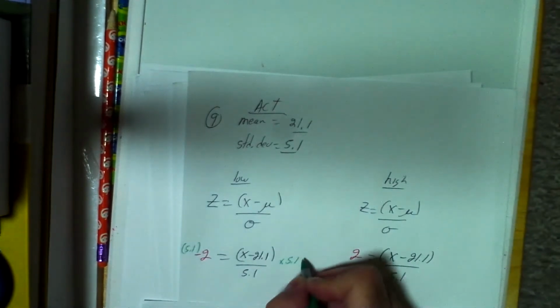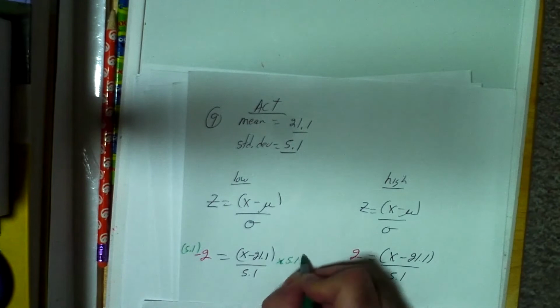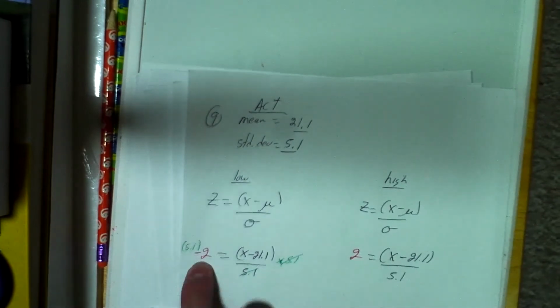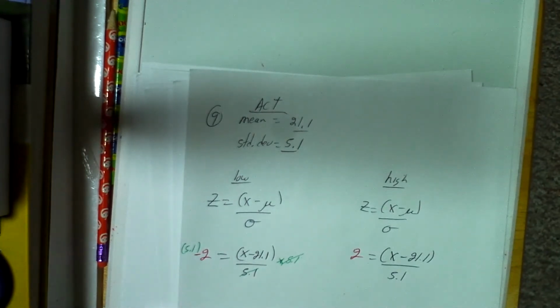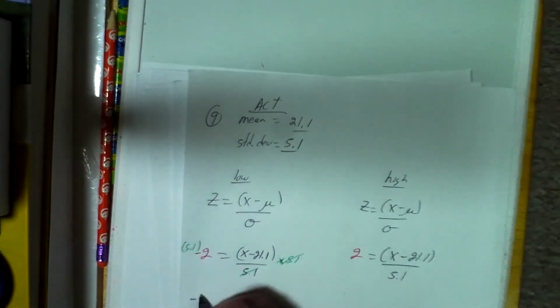Doing that cancels this with this, right? And so I calculate what 5.1 times -2 is. It is -10.2.